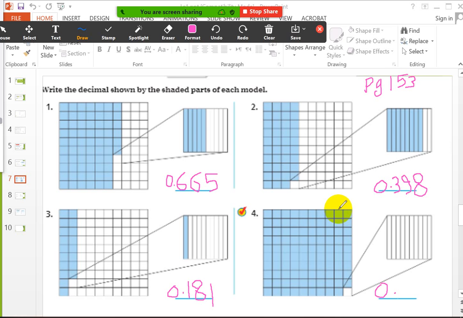So you have 90 shaded in the full columns. But you have also some here, not the whole column. So let's count the shaded parts after 90: 91, 92, 93, 94, 95, 96, 97, 98, 99. So you have 99 shaded parts in hundredths. So 99 hundredths, okay?